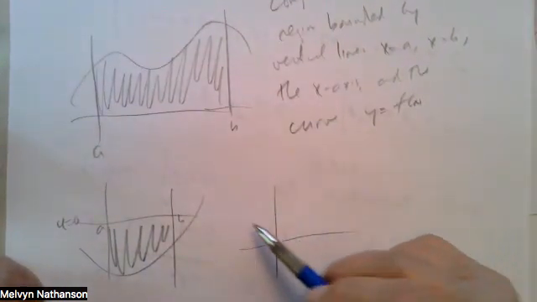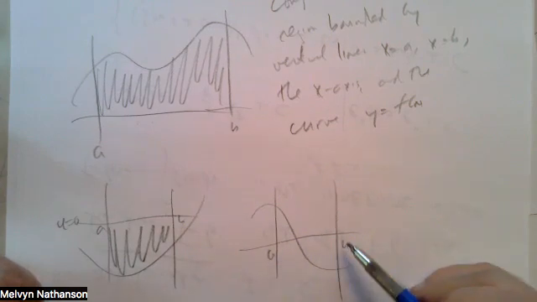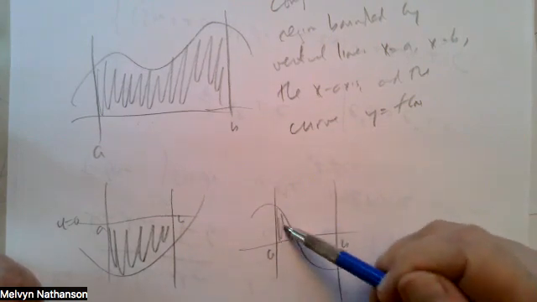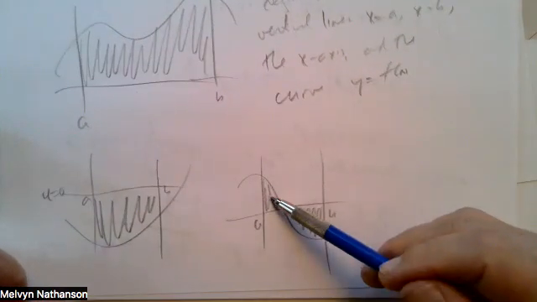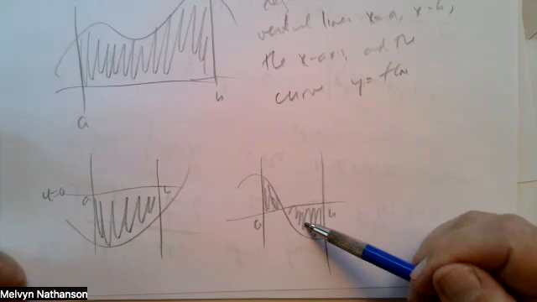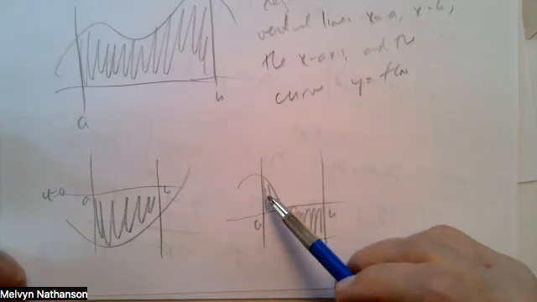This area would be negative. If you have something that looked like this, you have this area and this area. The area above the axis is positive, the area below is negative. So what we mean by area in this case is the area of this minus the absolute area of this.